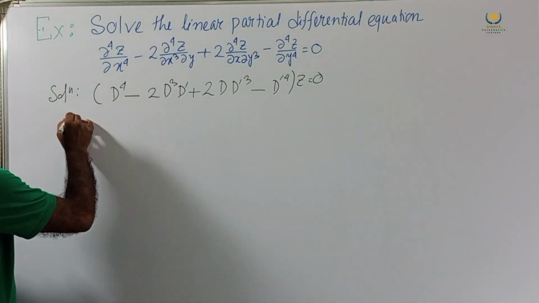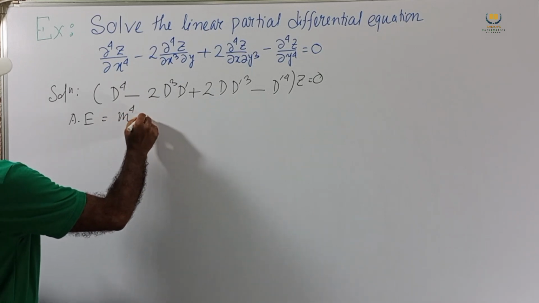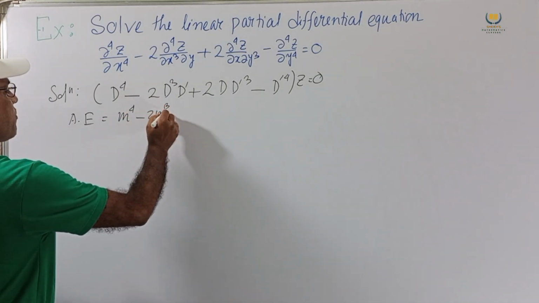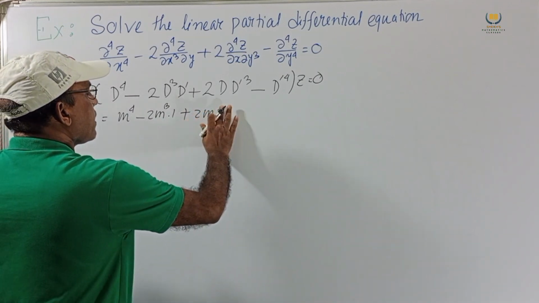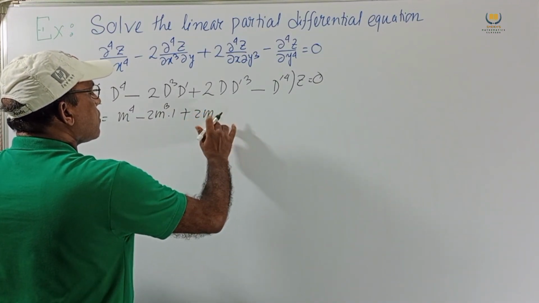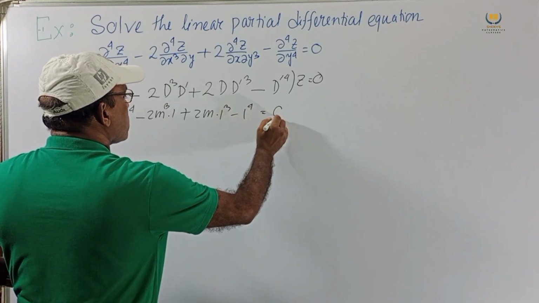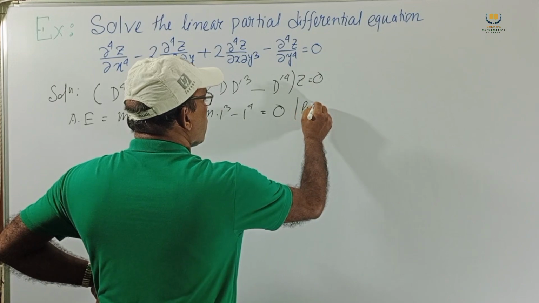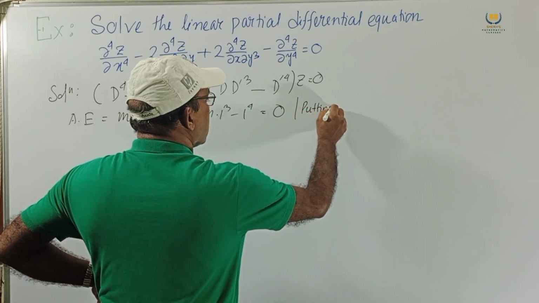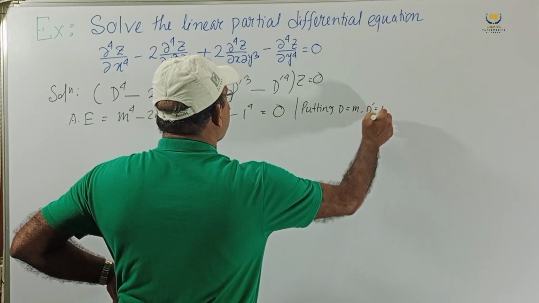Now the auxiliary equation is m⁴ − 2m³ + 2m − 1 = 0, putting D equal to m and D' equal to 1.